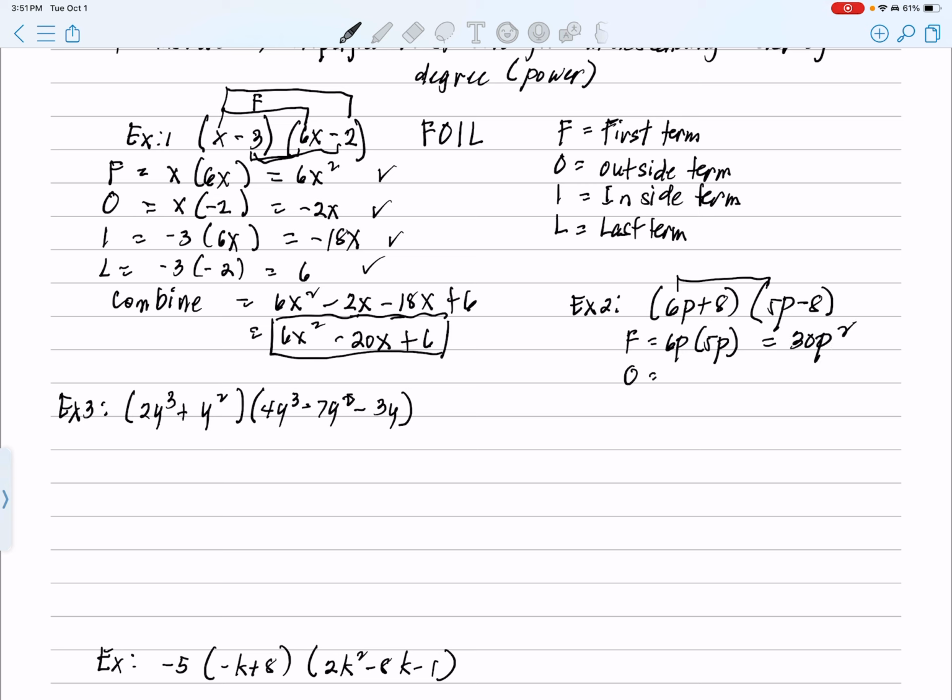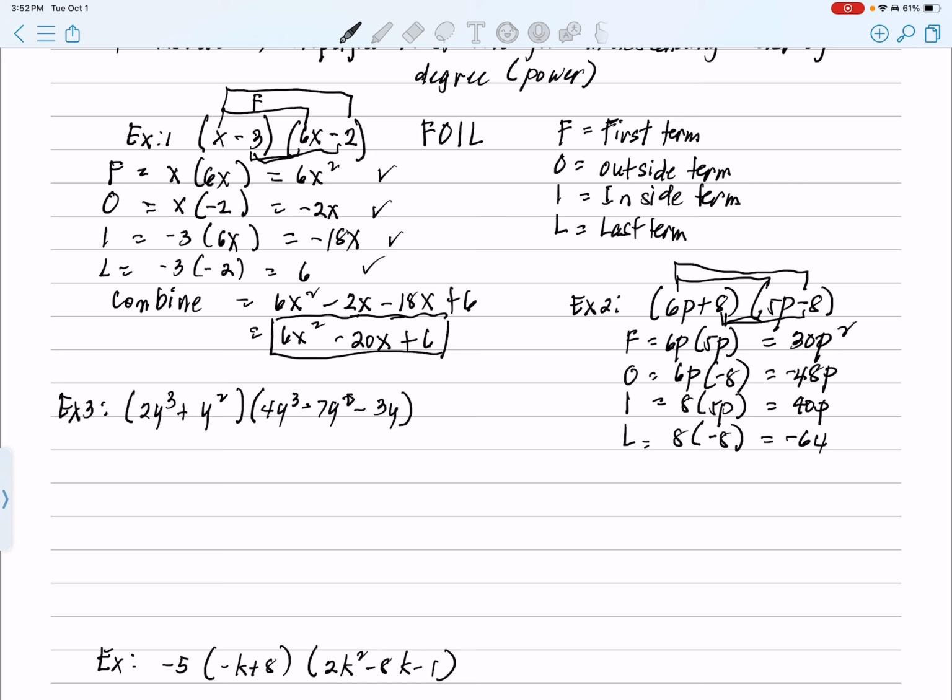O, 6p times negative 8, that's negative 48p. I, that would be 8 times 5p. That is 40p. Then the last we have here, 8 times negative 8. That's negative 64.